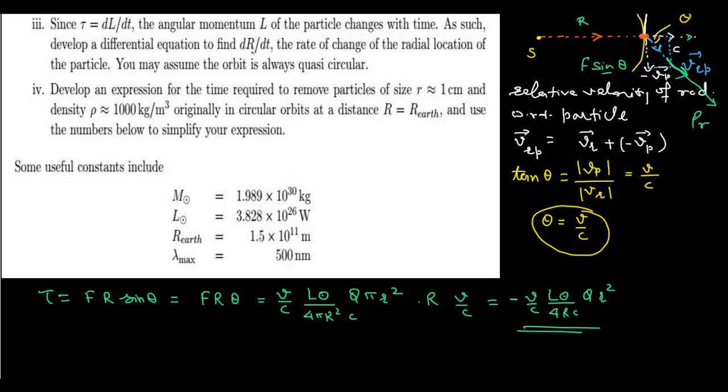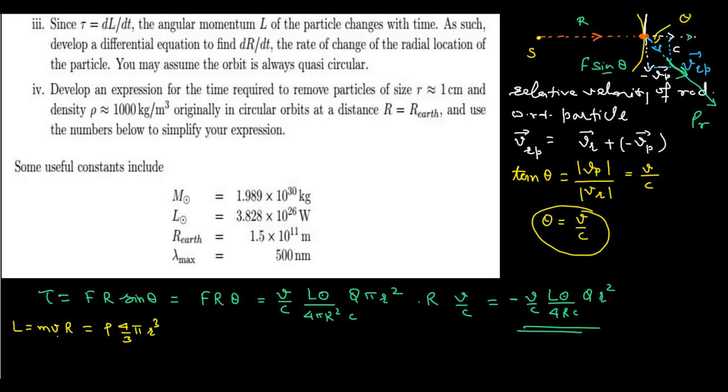So from the definition of angular momentum, we have this angular momentum L, that is mvr. Clear? So if we substitute the values, m is the mass of the particle, that is density of the particle into volume of the particle.